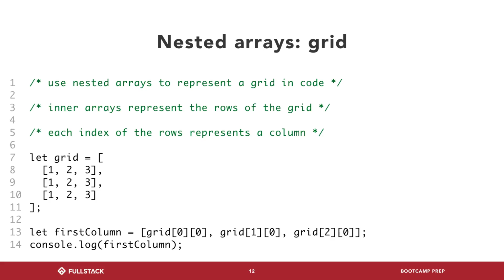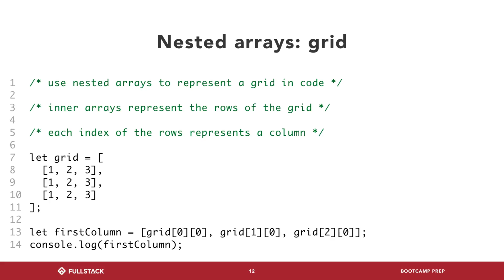And so if you look at how we're making the column here on line 13, we actually start by creating an array, right? Open square bracket, close square bracket. So we're making an array, and now we're just worried about what things we're putting in that array. What we're saying is, all right, go to grid, go to the first row, give me the first thing in the first row. That'll be the first in my column.